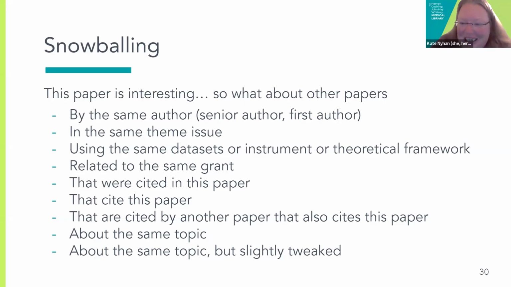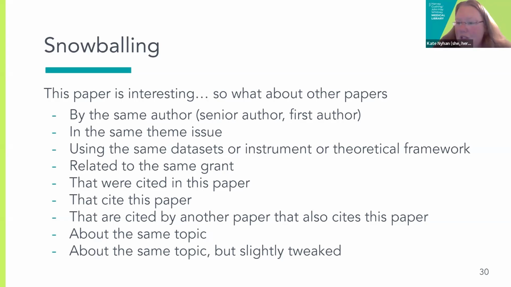There's exponential increase here. So, when you find a paper, maybe it was recommended to you, maybe you found it in a database search, that paper is interesting and it's a pathway to discover additional papers. Maybe you want to read other work by the same author, especially the senior author, the last person who's sort of directing the lab and probably responsible for getting the funding.